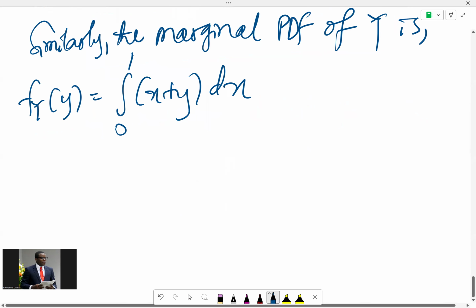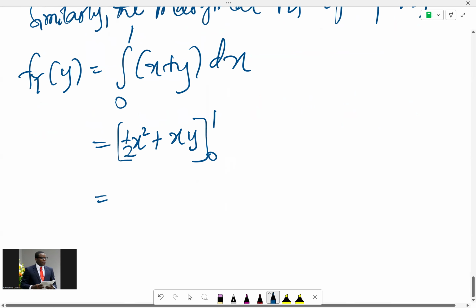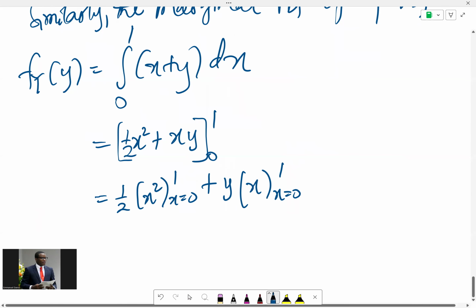So you integrate over x now. In this case, the focus is on x, so it differentiates x with respect to x. You have half x squared. Now the attention is on x, and this will be xy because y is now considered a constant. And this is from 0 to 1. And just like what I did before, the focus is on x now. So you have half x squared from x equals 0 to 1 plus y outside x from x equals 0 to 1.